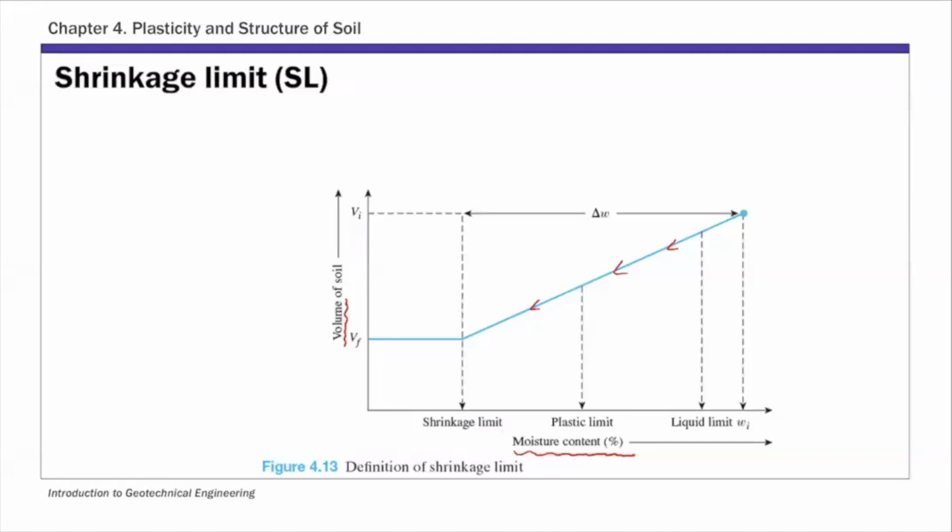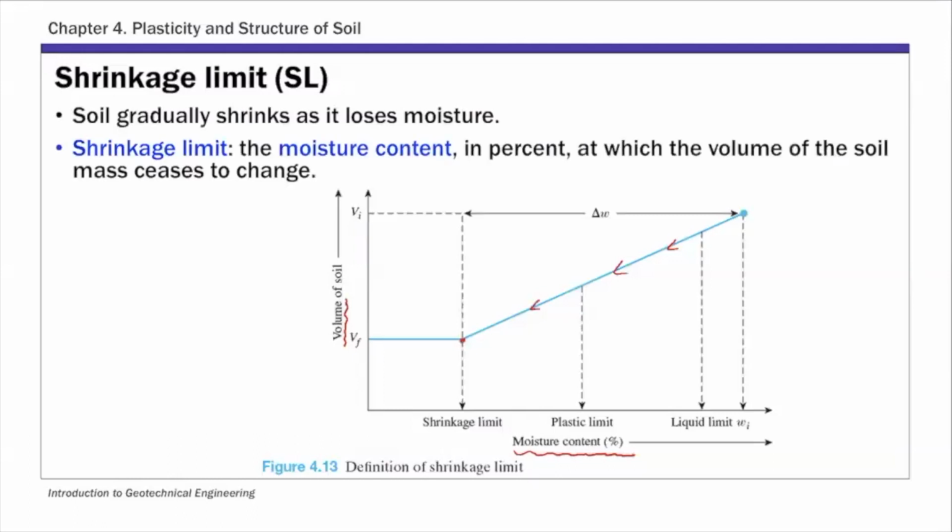So soil is going to shrink, but at a certain point, a further decrease of moisture content will not change the volume. So that limiting point is defined as shrinkage limit. Okay. So it's moisture content again in percent at which volume of the soil mass ceases to change. Okay. So that point is shrinkage limit. And you can see beyond this point, it's just a straight line. So meaning moisture content change does not induce any volume change. Okay. So that's shrinkage limit.